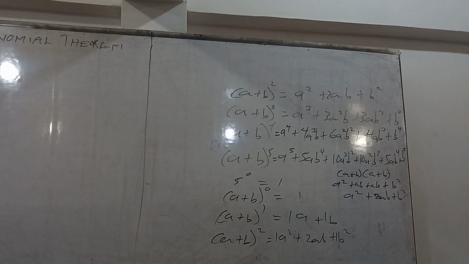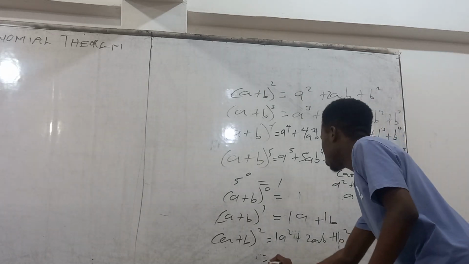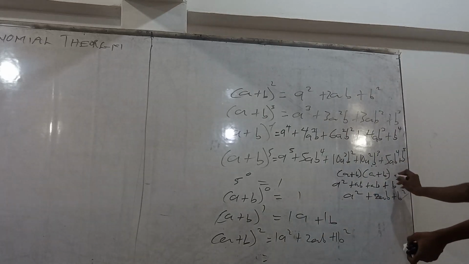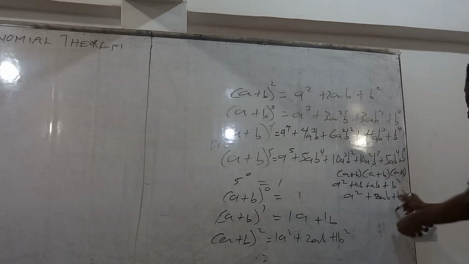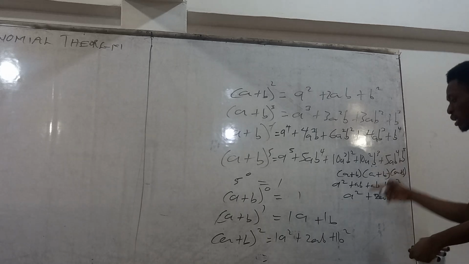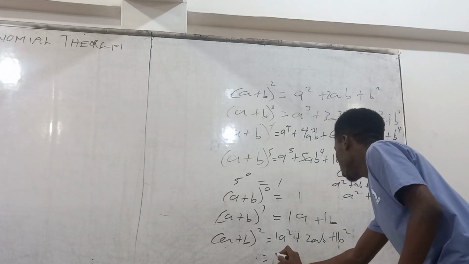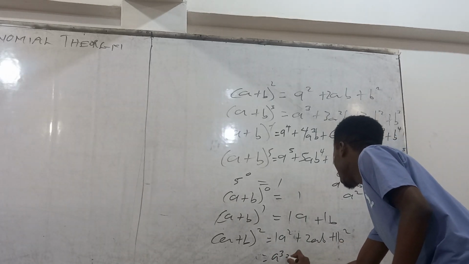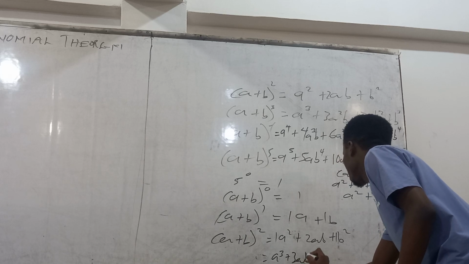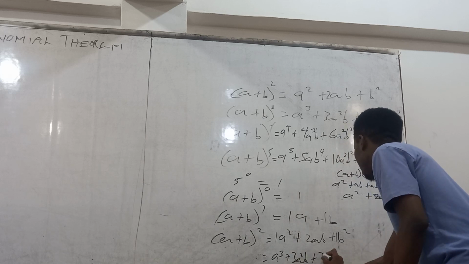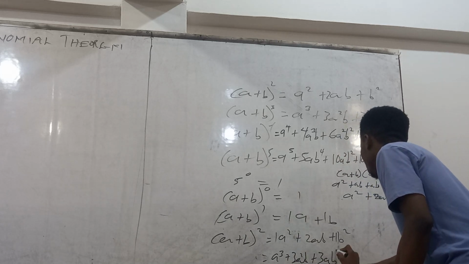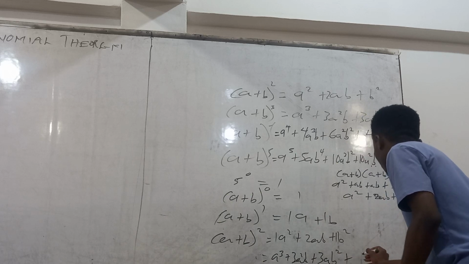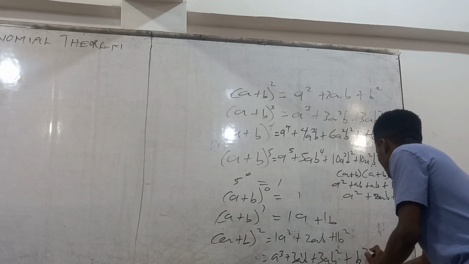So then he sat down. He tried an expansion to the power 3. When you multiply this by what you get here, you get that one. So when he did that, he got a cubed plus 3ab squared plus another 3ab squared plus b cubed.